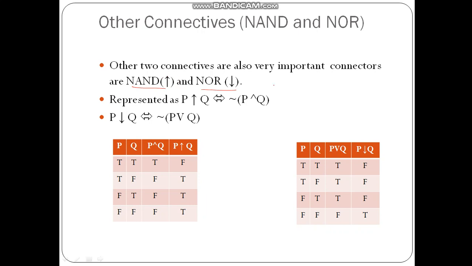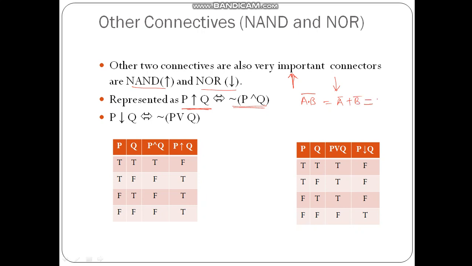The NAND connector I am representing as an arrow towards the upper direction, and the NOR connector is an arrow towards the lower direction. Here NAND is represented as P NAND Q, and this is equivalent to NOT of P and Q. In electronics, whenever you studied the NAND, you might have studied it like this: A dot B whole bar, which is equal to A bar plus B bar.